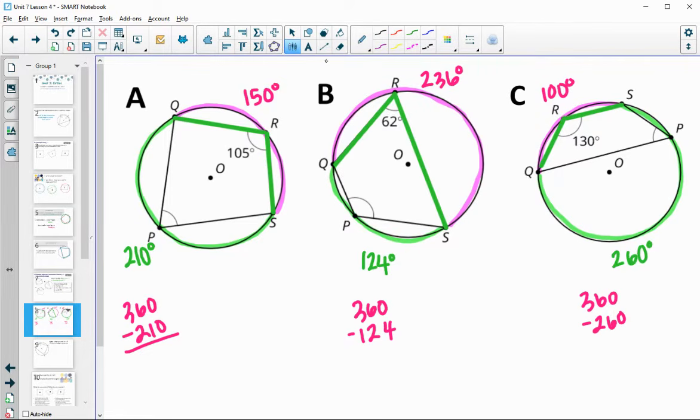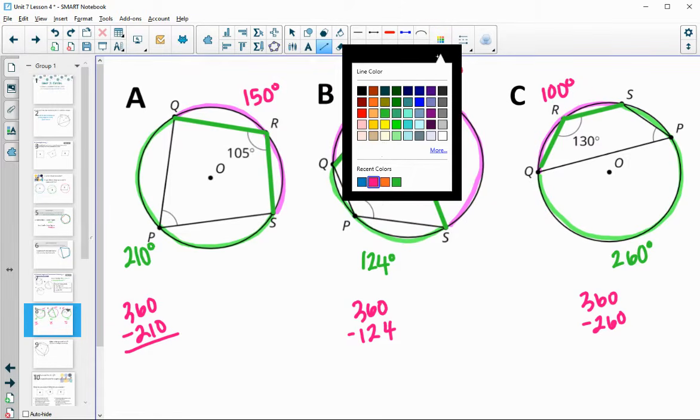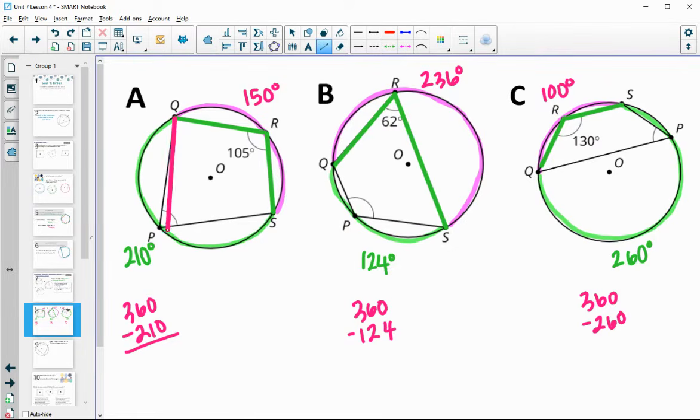And then our last thing that we were supposed to do here was to determine this angle, angle QPS, which is the inscribed angle of this arc that we just found. We should be able to take the arc and divide it by 2 to get this angle of 75 for this first one.